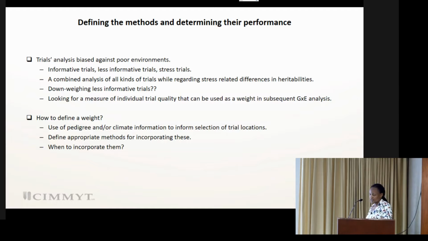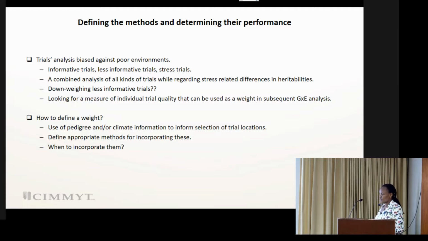Some trial analyses have been biased against poor environments. So informative trials, less informative trials, stress trials, how can we do a combined analysis, a meta-analysis of these METs, taking into consideration all of this and not quickly disregarding those trials, for example, with low heritability, just because they have a low heritability, and yet we know that for some stress trials, heritability will be low.